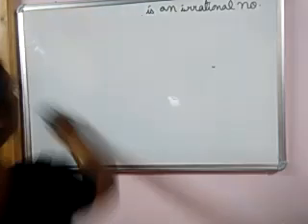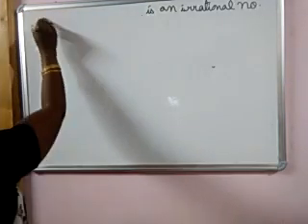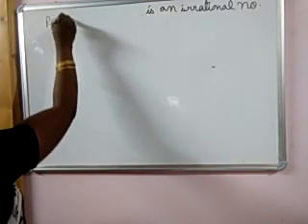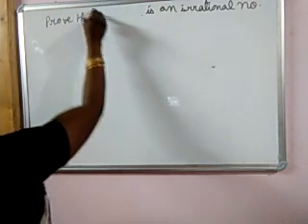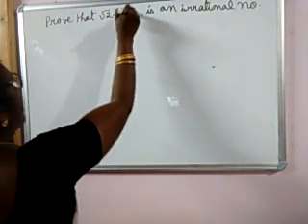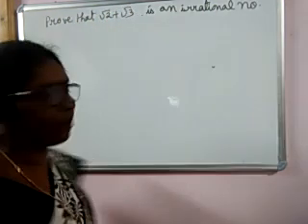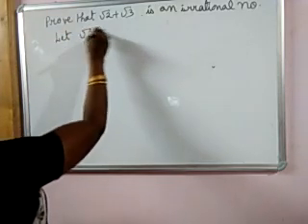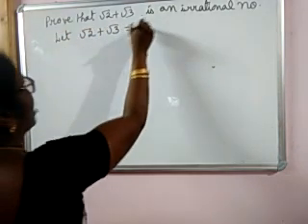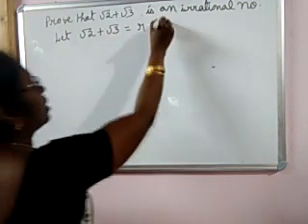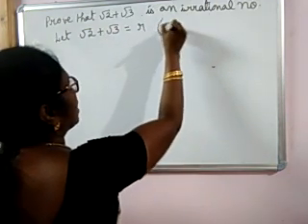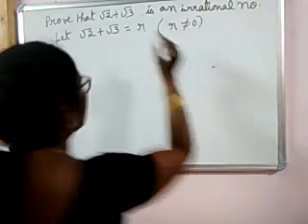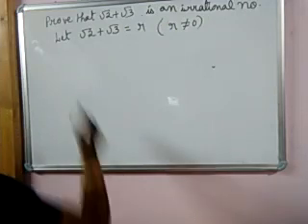How to prove? Let us learn. Prove that root 2 plus root 3 is an irrational number. Same way, let us think that root 2 plus root 3 is a rational number R, where R is not equal to 0.